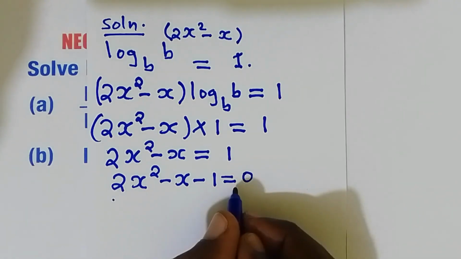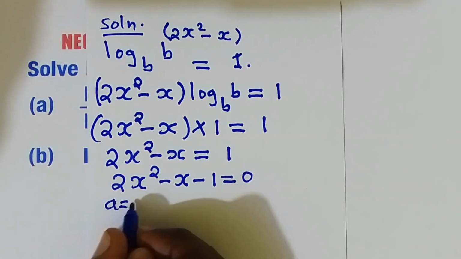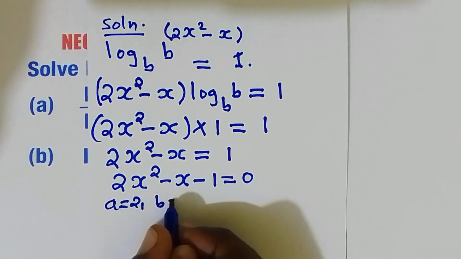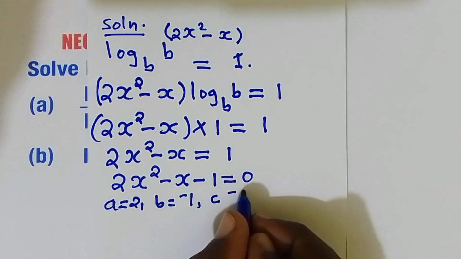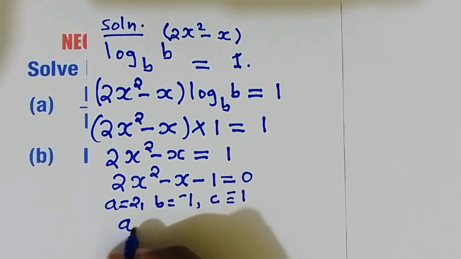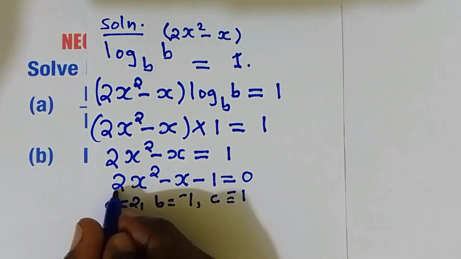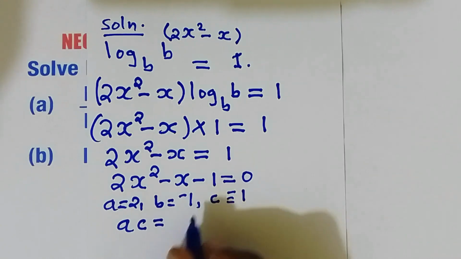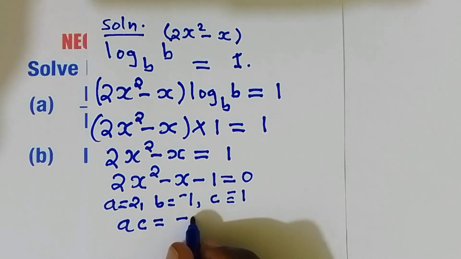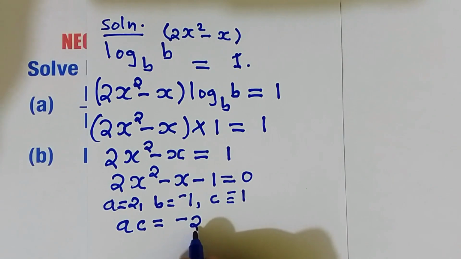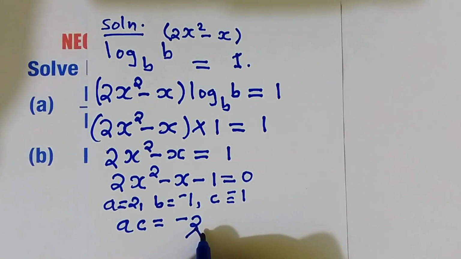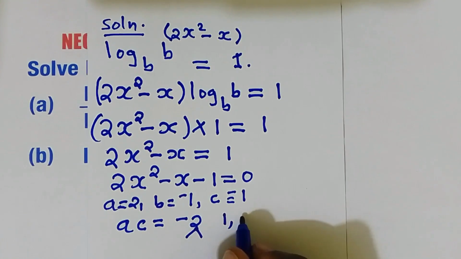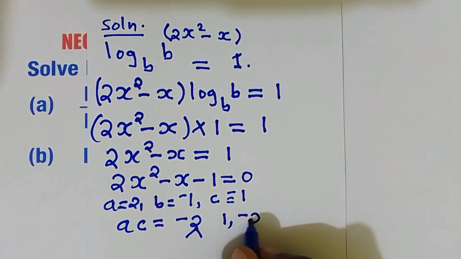This is a quadratic equation. We have a is equal to 2, b is equal to minus 1, and c is equal to minus 1. So AC is equal to 2 multiplied by minus 1, which is going to be minus 2. I'm going to find the factors of minus 2 that will bring to me minus x. That is going to be 1 and minus 2.